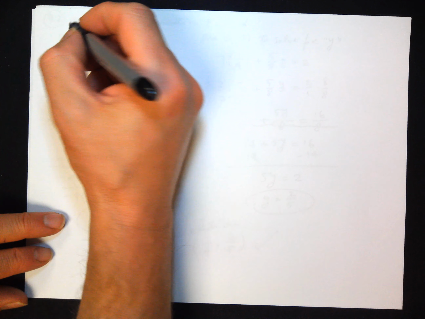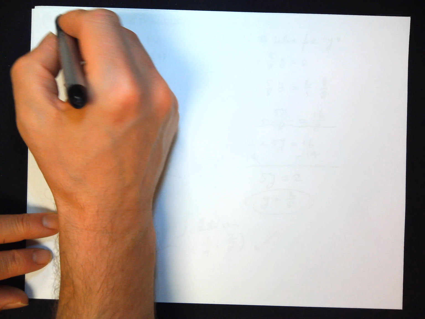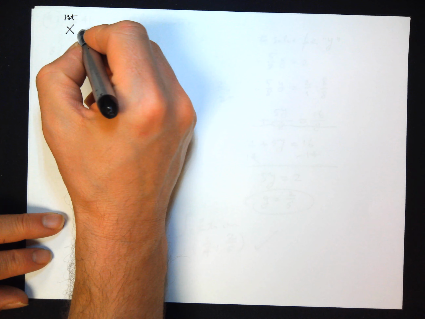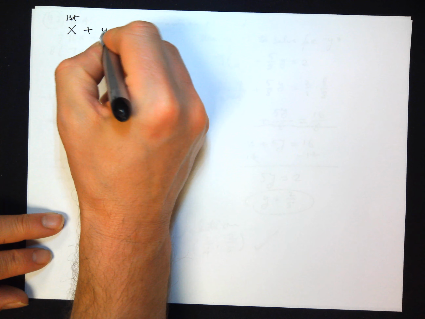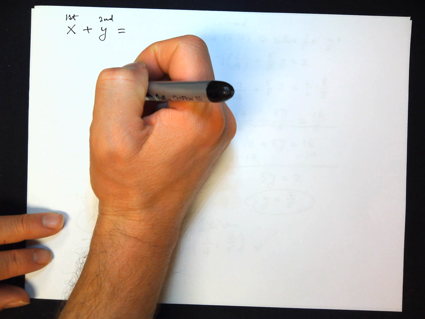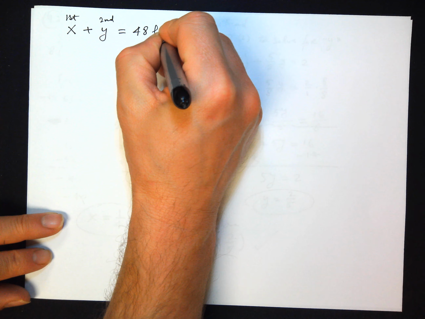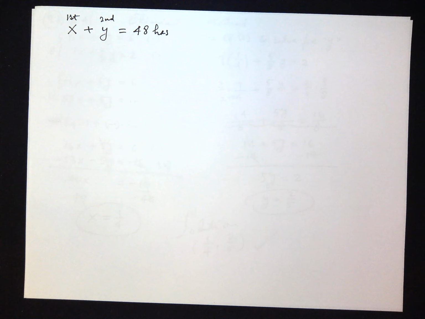Okay, so we don't know how many hours the first welder worked, but we know that combined they worked a total of 48 hours. We know that for a fact.